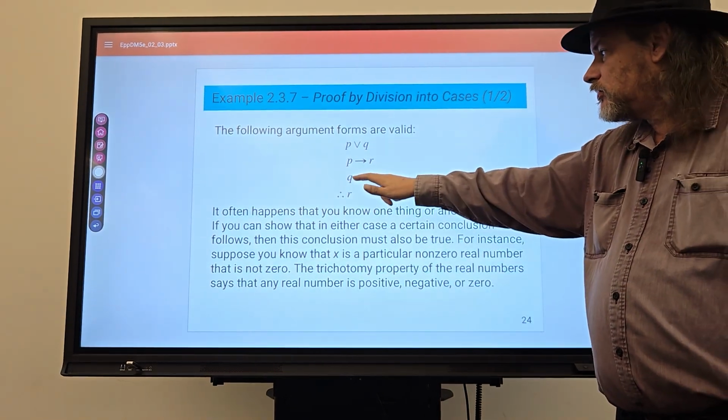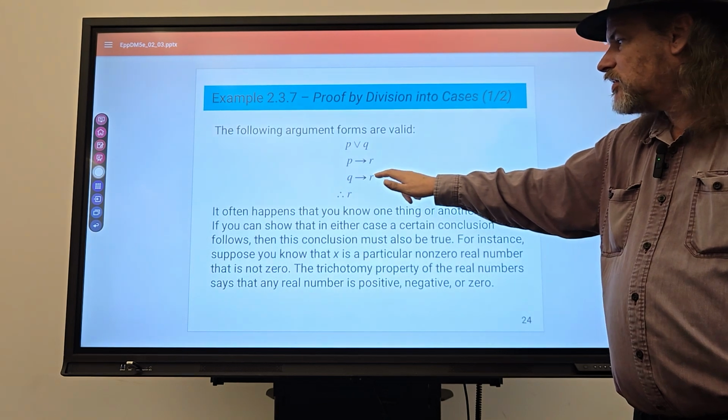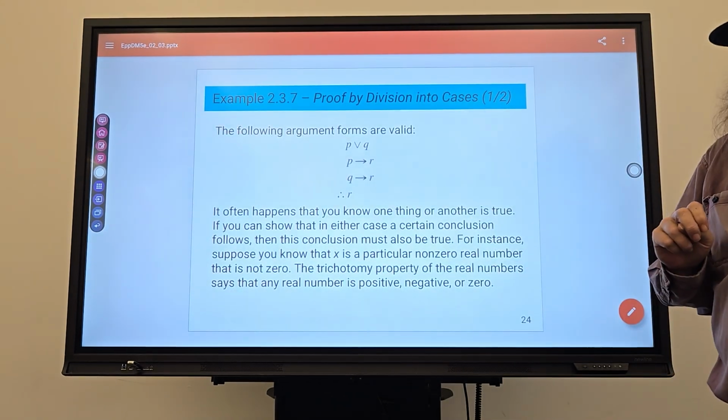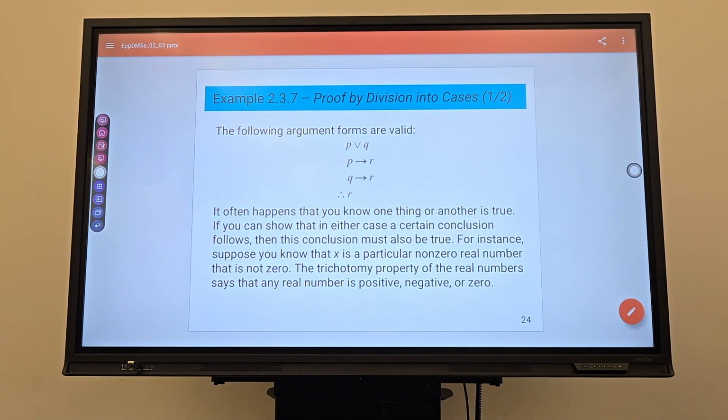If Q is true, and Q implies R, then R is true. So with OR statements, if both sides of the OR statement imply the same thing, then that thing must be true.